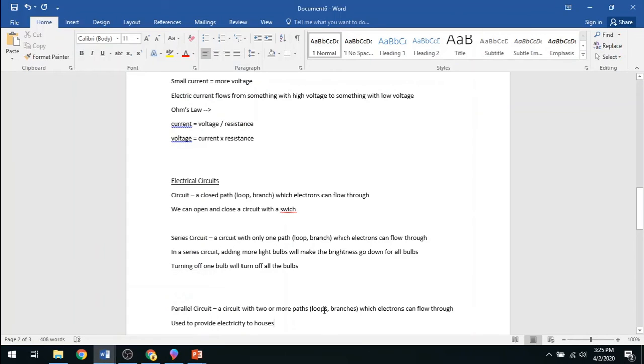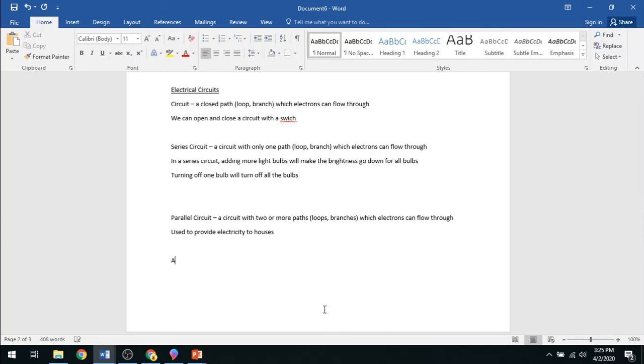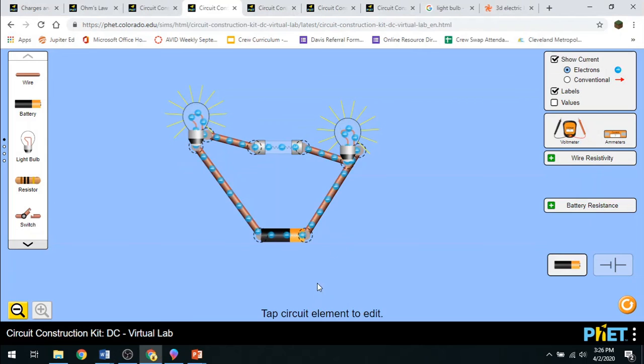Let me write that down here. So a fuse will melt if the current in a circuit gets too high. So this is used in lots of different ways to protect your electrical devices.